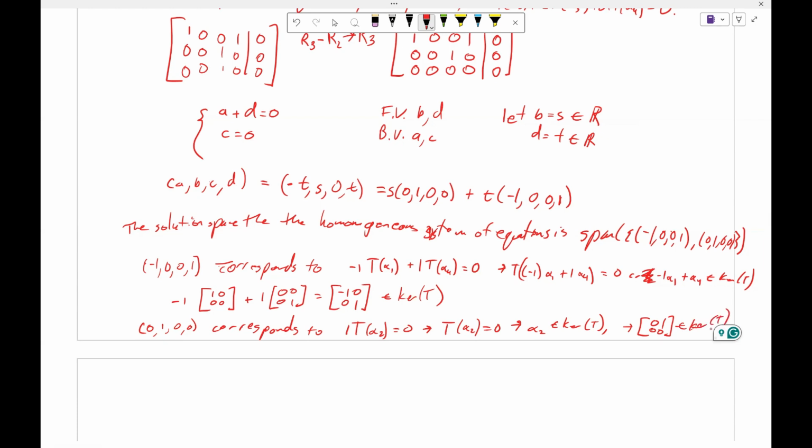These vectors form a basis for the set of solution vectors. So the kernel of T is going to equal the span of the vectors minus 1, 0, 0, 1, and 0, 1, 0, 0.